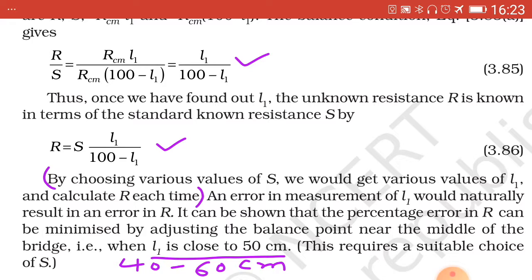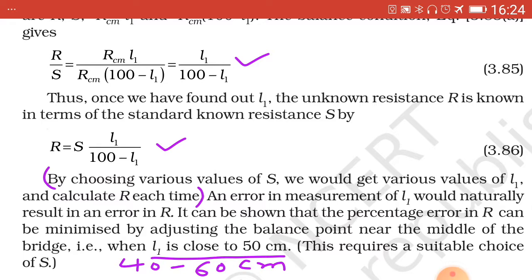Here, this is one of the limitations of Wheatstone bridge. To minimize the error, the null point should invariably be obtained between 40 centimeter to 60 centimeter, which I have written here.